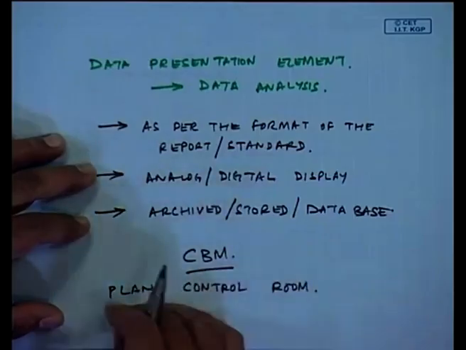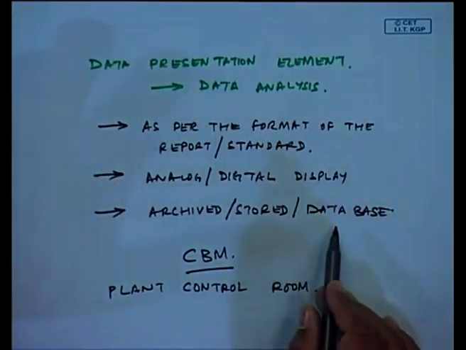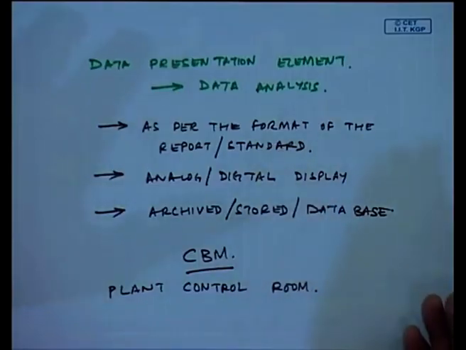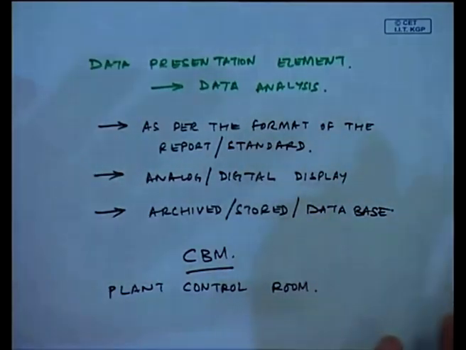Nowadays everything is automatically data logged, and if there is a deviation, you will get an alarm, maybe on your mobile phone. You are sleeping at your house, and you get a message that such and such bearing in your plant has become abnormally hot. This is the state of the art nowadays.